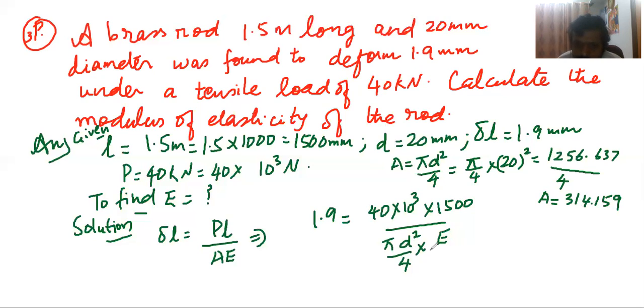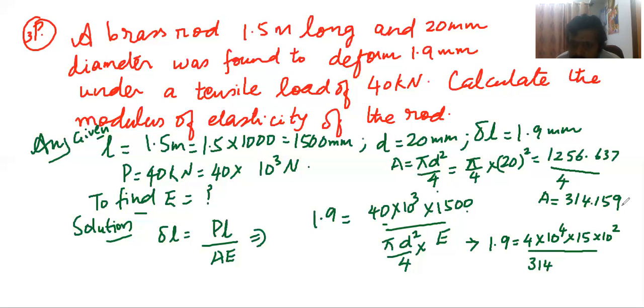So this will be here 1.9 equals 4 into 10 power 4 into 15 into 10 power 2, the 2 zeros, upon 314, directly I'll write that value.